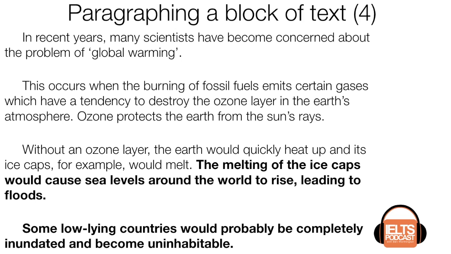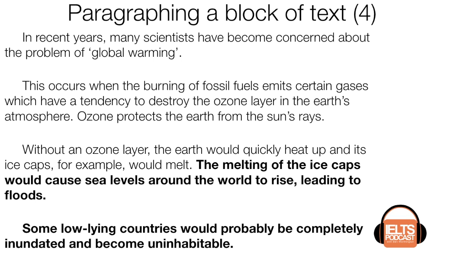You see here? In the first sentence we talked about the melting of the ice caps. Then in the second paragraph, because this is a new paragraph, we've talked about some low-lying countries would probably be completely inundated. So the two sentences naturally belong together in the same paragraph.